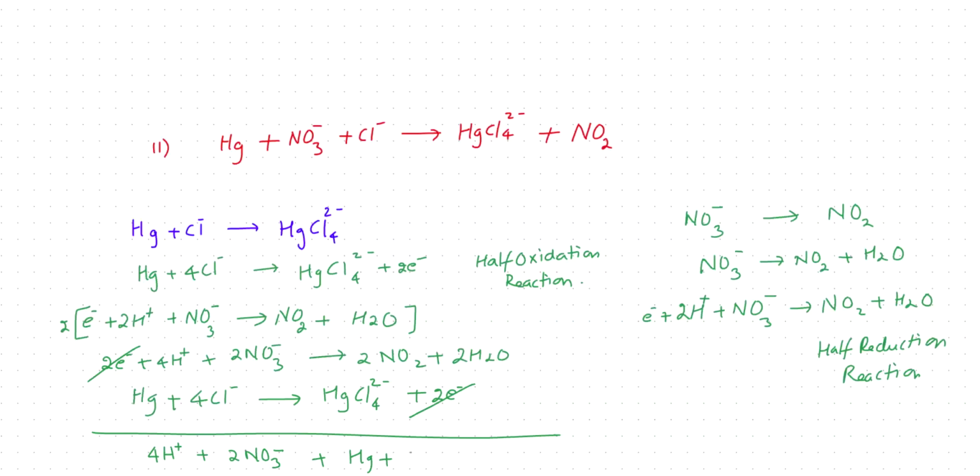So we have 1, 2, 3, 4 reactants, and then in the product side we have 2NO2 plus 2H2O and HgCl4.